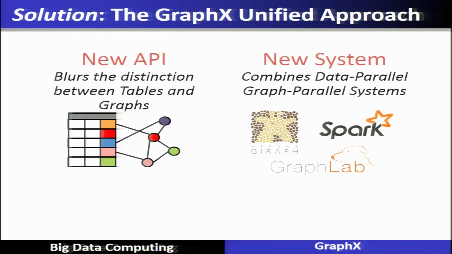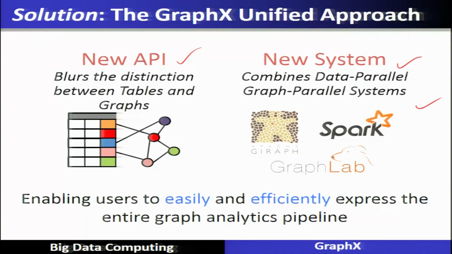Therefore, the new APIs supported in GraphX will blur the distinction between tables and graphs. The new system evolving in the form of GraphX as a unified approach will combine the data parallel and graph parallel systems together.